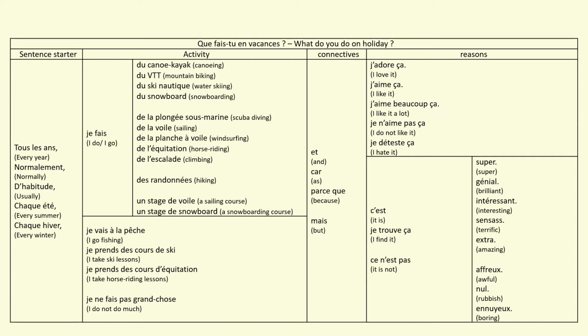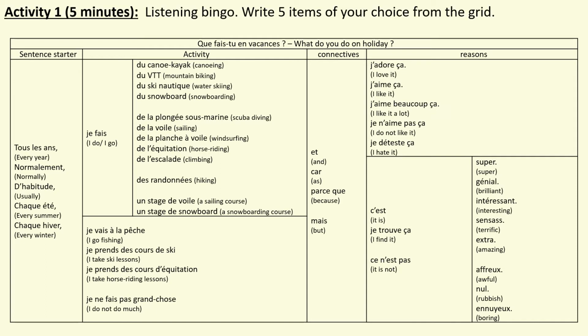So what I want you to do now, we're going to do a listening bingo. So I want you to write 5 items of your choice from the grid. So for example, if you take the first box, you could write tous les ans or chaque hiver. Second box, you can decide to write je ne fais pas grand-chose or je fais des randonnées.